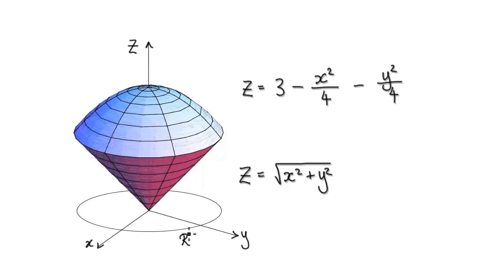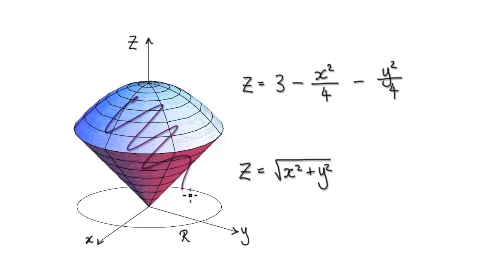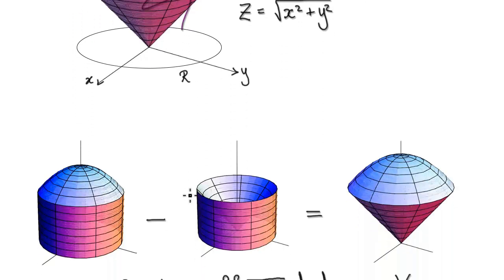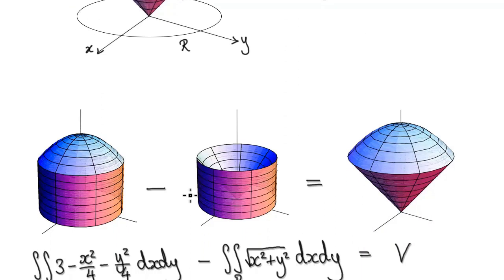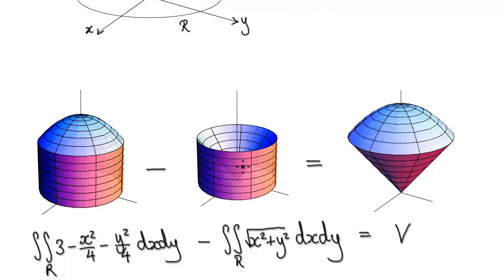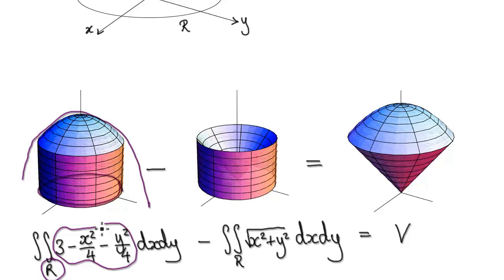So let's begin. To work out the volume of this solid, we need to work out the volume underneath the paraboloid. We've got our region here, which is R, and our paraboloid. If you integrate the surface over our region of interest, it will give you this solid.